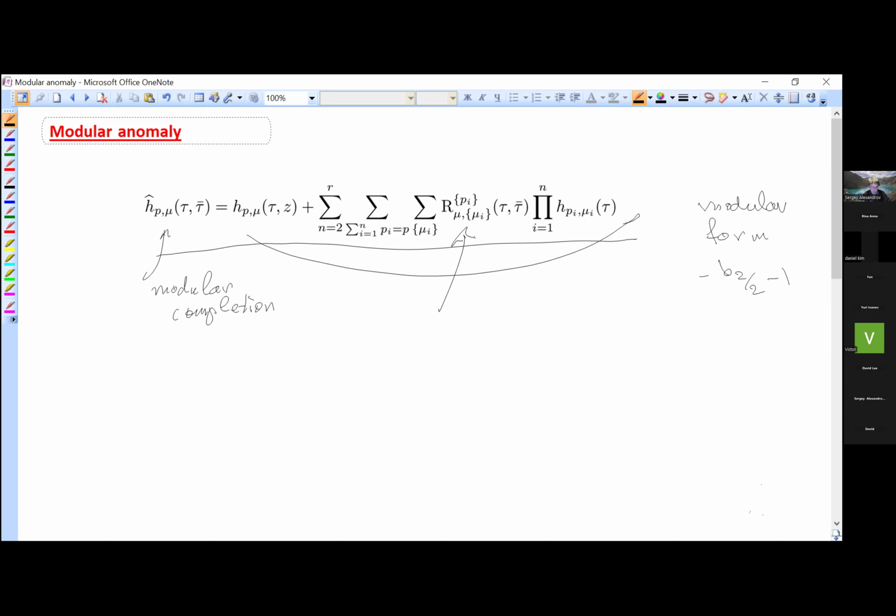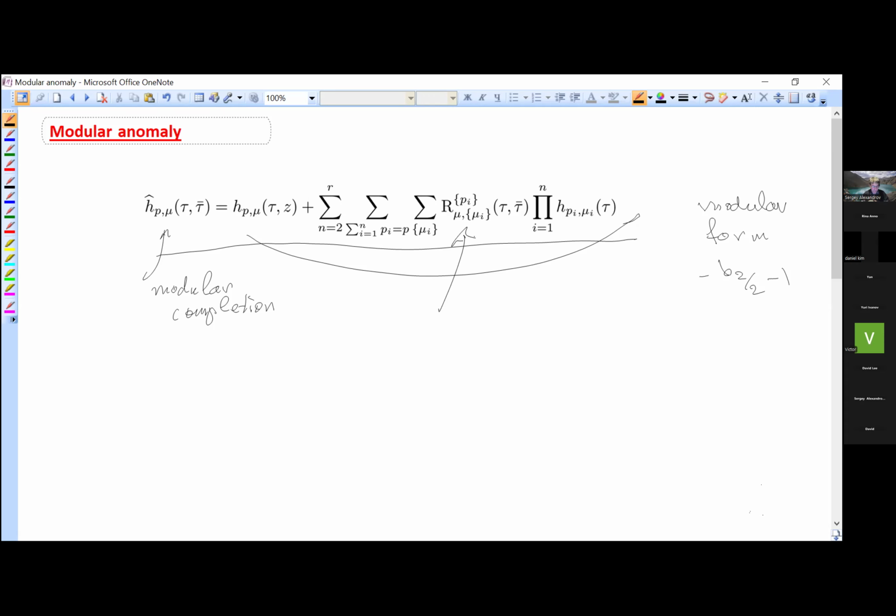The second is how to solve this modular anomaly equation. When you solve it, you still get certain ambiguity in the solution. So the third step is how to fix this ambiguity, in particular for the case of compact Calabi-Yaus.